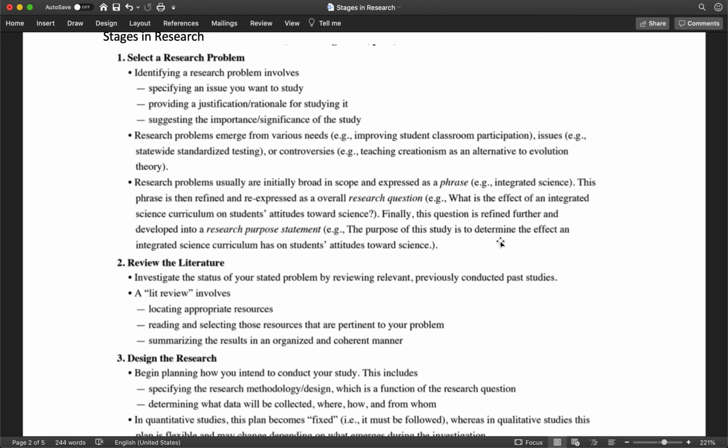So once you've got a few problems, the next step is to review the literature. And let me clarify that in some cases, some people would say you want to review literature first, before you select a research problem. Well, that depends. If you already are involved in an industry and you're aware of some of the problems, you could come up with a research problem first, then review the literature.